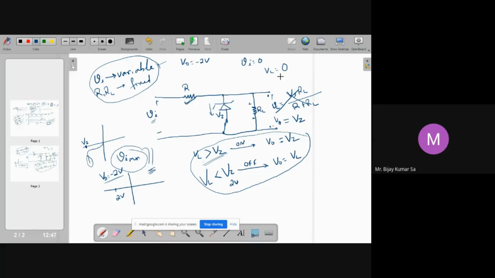Anyway, if Vi is 0, VL will be equal to 0, and in that case 0 will be less than Vz and the diode is off. So V output is equal to VL, which is of course 0 for this case. So what I want you to calculate is the expression for the minimum value of Vi which will let this zener diode turn on in the reverse direction.